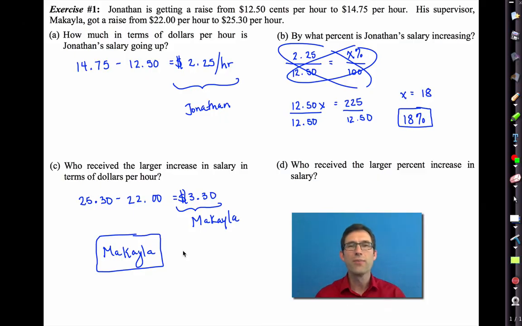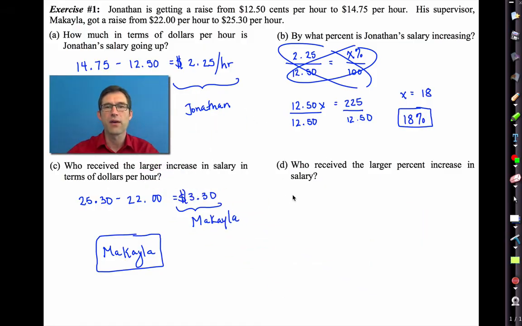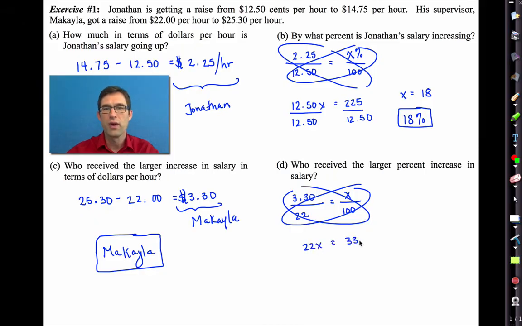All right, well, let's go through it. Hopefully you did essentially what we did in letter B. Again, it's basically the same calculation. We'll say 330 is to what she started with, 22, as x is to 100. In other words, we always want to set up this proportion: part is to total as percent is to 100. Again, a little cross multiplying, and we'll get 22x is equal to 330.